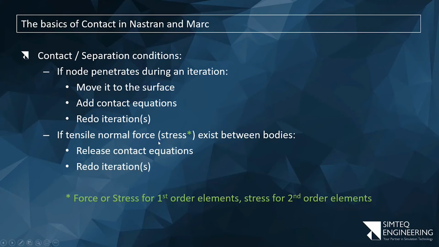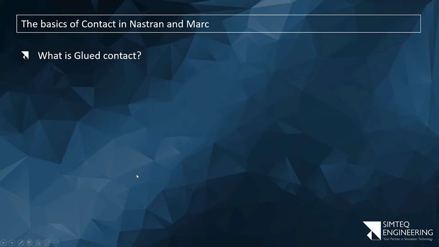But for second order elements, we have to use stress. In Marc, if you've used Marc before, the moment you have second order elements in a contact body, it'll automatically switch to this and gray out this section. For Nastran, it depends on the preprocessor you use, whether or not it may still suggest forces, even if they're second order elements. Just a side comment there.